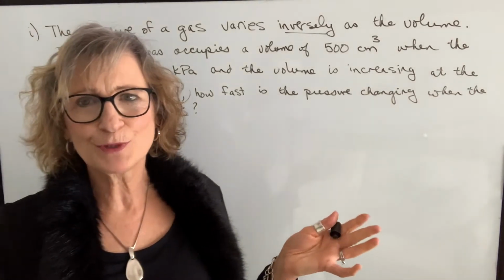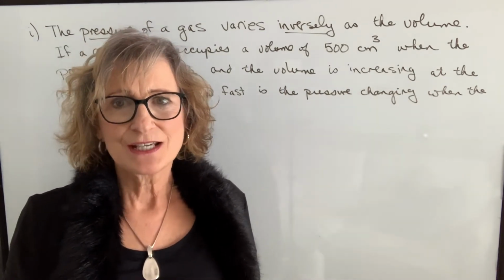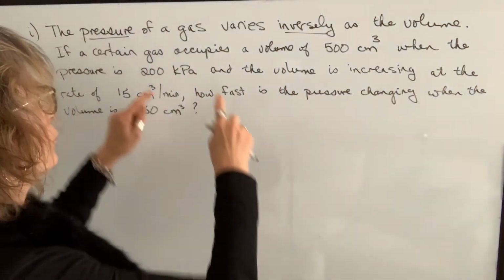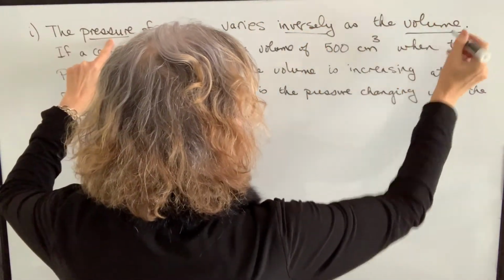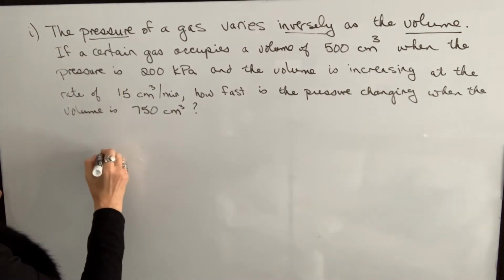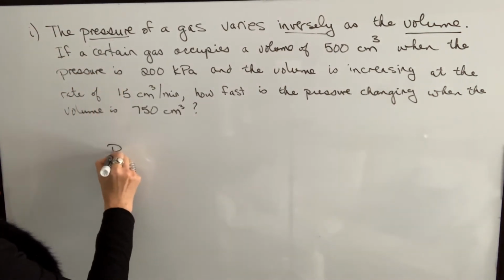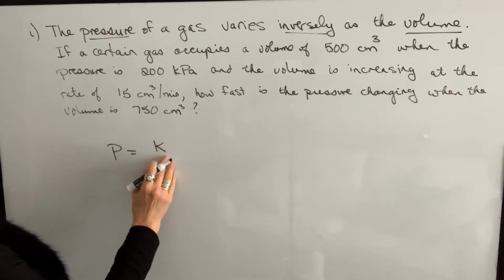There's a lot of information here and a lot of numbers. So let's just break it down. We're told the pressure of a gas varies inversely as the volume. So let's write that as an equation. That's an inverse variation. So pressure varies inversely. K is my constant of proportionality.